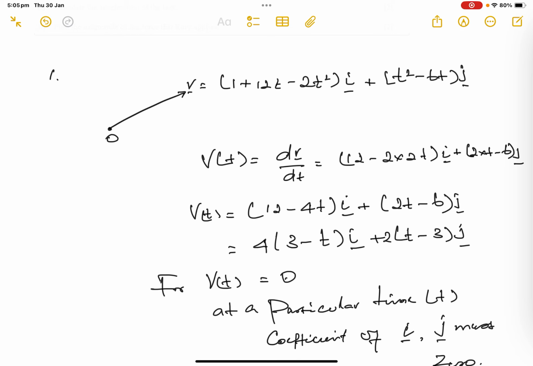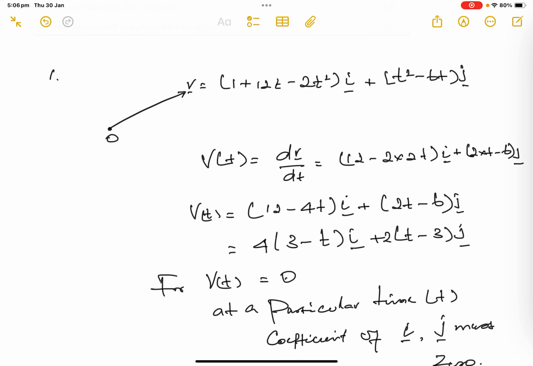Then for j, the coefficient is t squared, whose differentiation is 2t, minus 6t whose differentiation is 6. So simplified, v(t) equals 12 minus 4t i plus 2t minus 6 j.